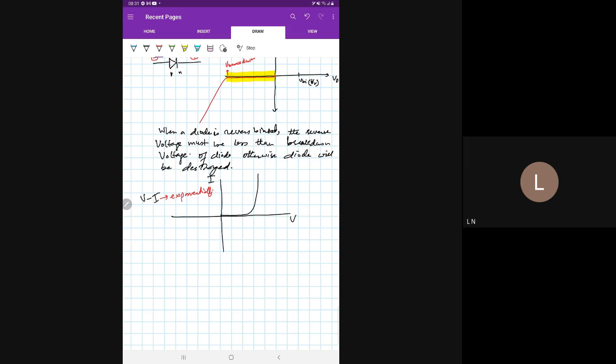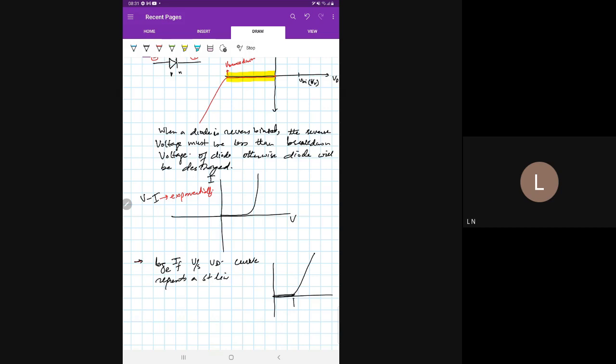But if we plot the natural log of I_F versus V_D curve, then the curve represents a straight line. So this is how it will be.